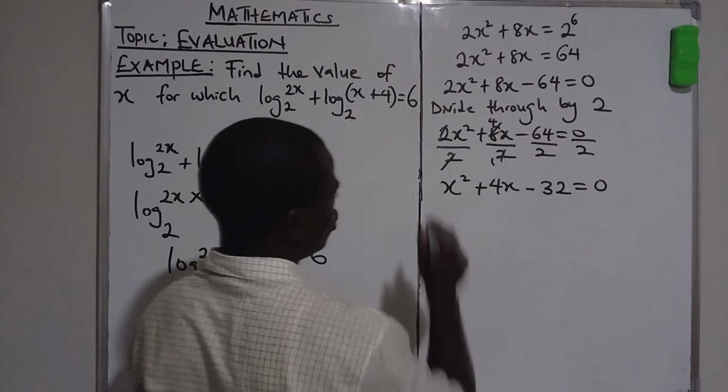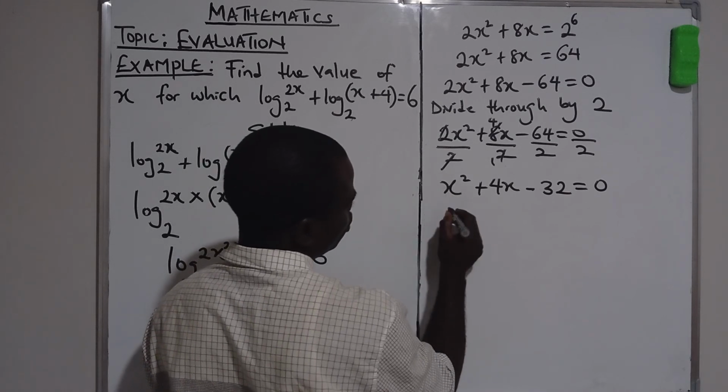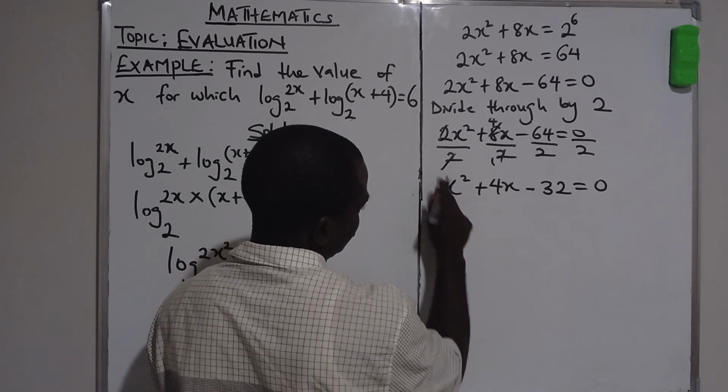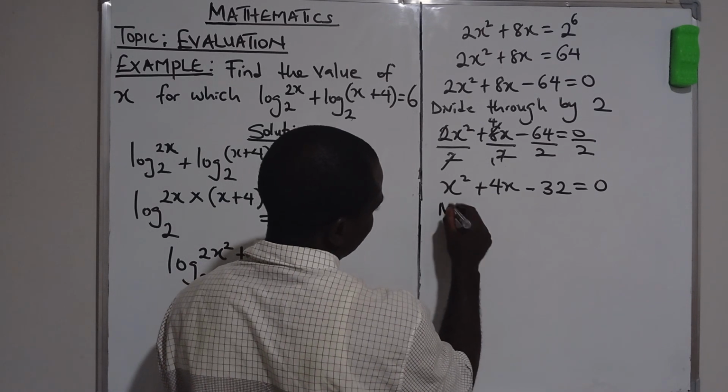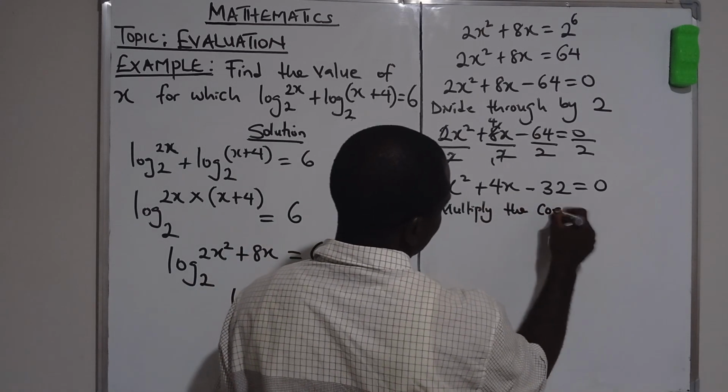Now you can see the coefficient of x squared here is 1.